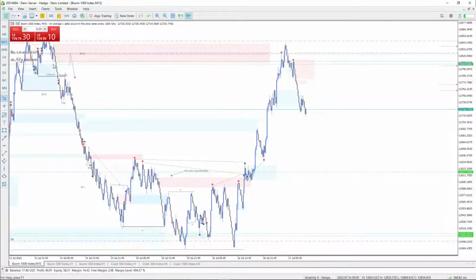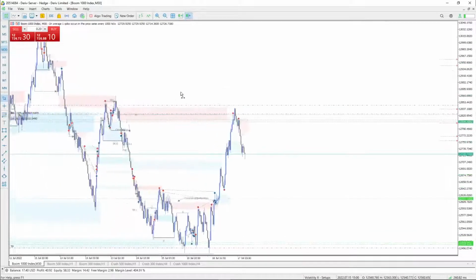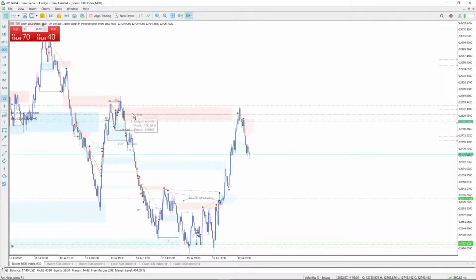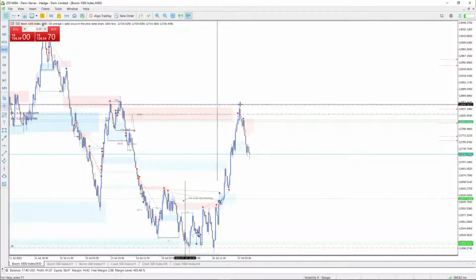And as you can already see from our previous analysis, price didn't come into our previous entry, so we knew that price was going to come in for this zone, so we waited. In fact, I think we took our buys out because it wasn't going well at the time, but we knew that this was going to come into this zone.